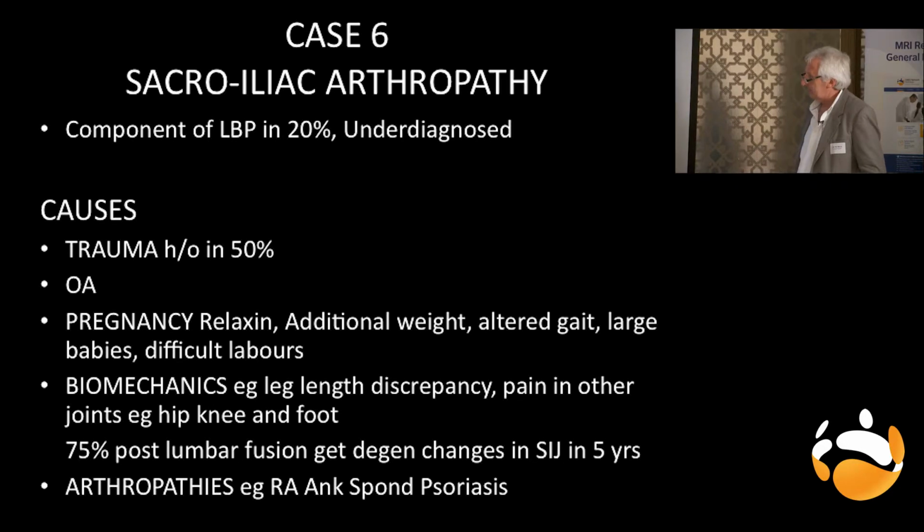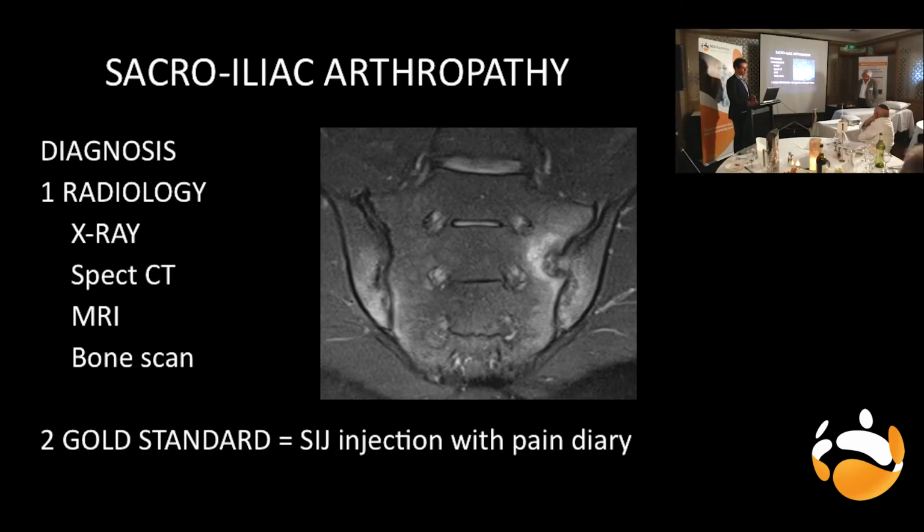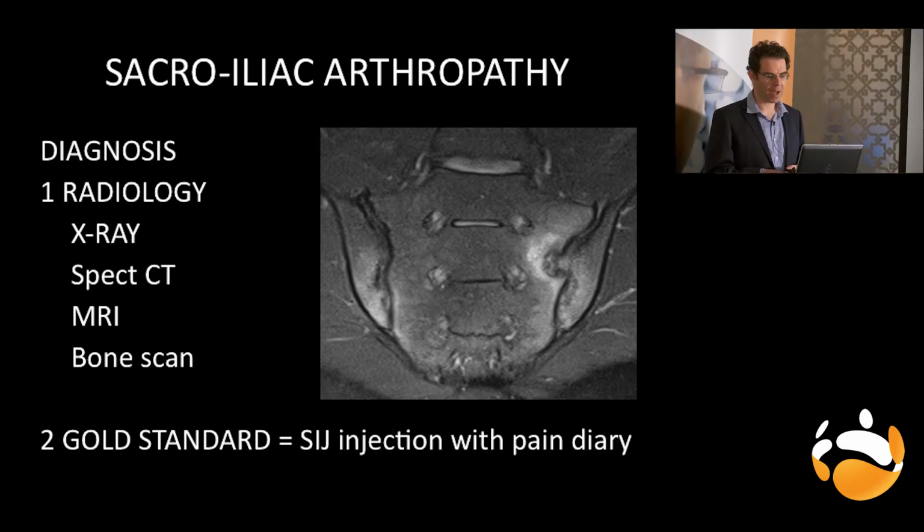There are other causes. So diagnosis, X-ray, there's a grading system that was done in New York, which is used for the anti-TNF inhibitors, but we can also pick it up with the more complicated imaging showing changes that you can see here.